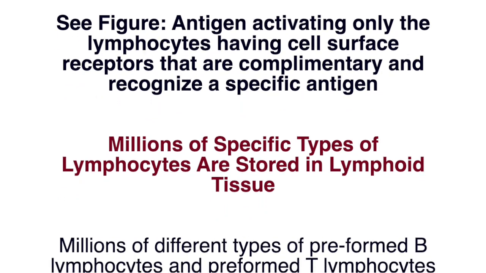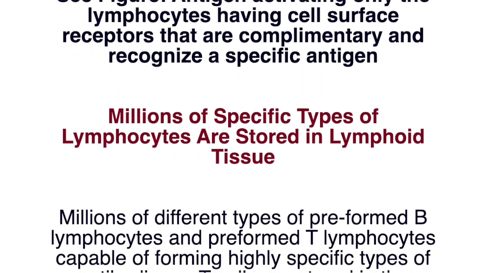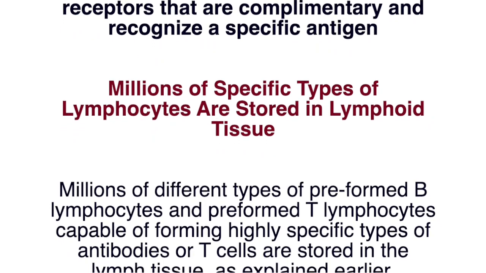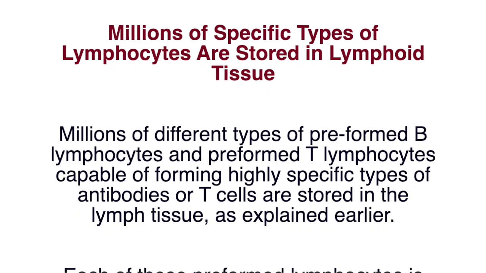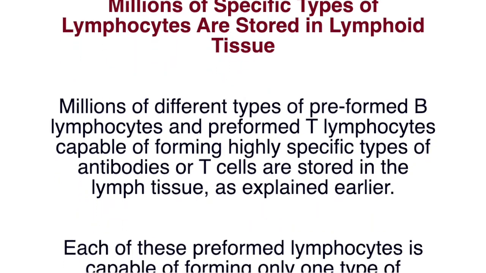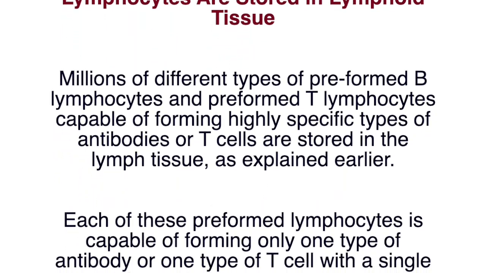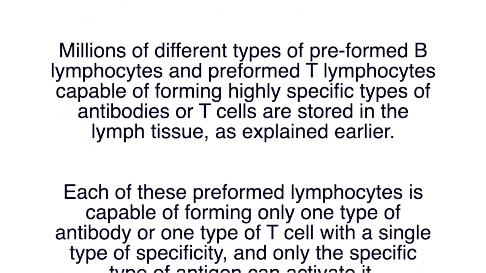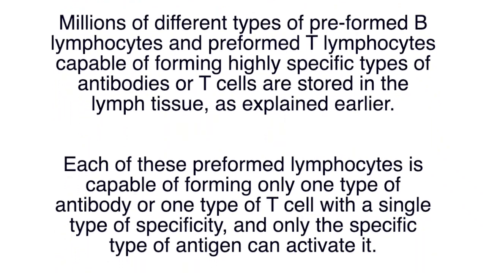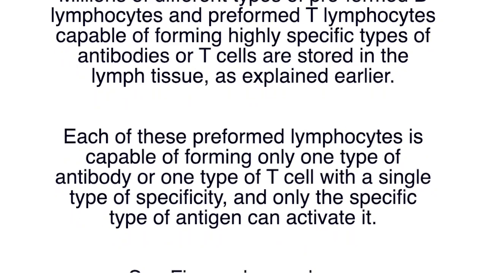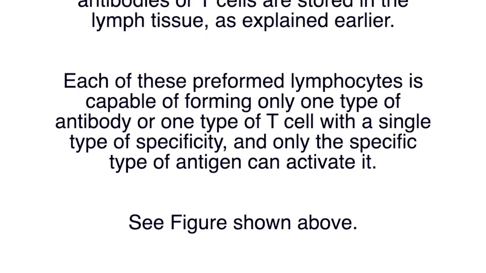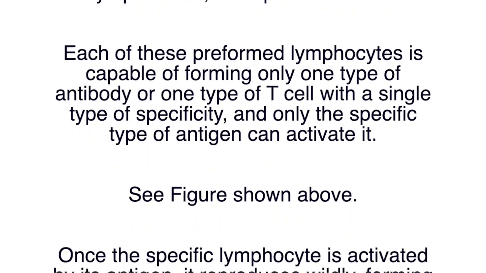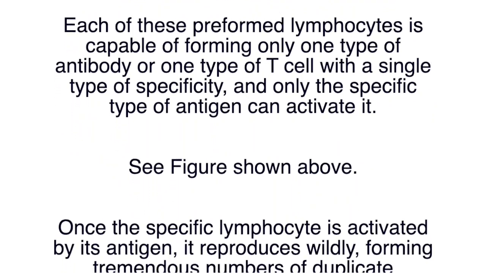Millions of different types of preformed B lymphocytes and preformed T lymphocytes capable of forming highly specific types of antibodies or T cells are stored in the lymph tissue as explained earlier. Each of these preformed lymphocytes is capable of forming only one type of antibody or one type of T cell with a single type of specificity, and only the specific type of antigen can activate it.